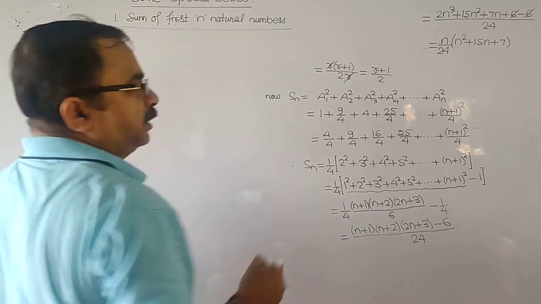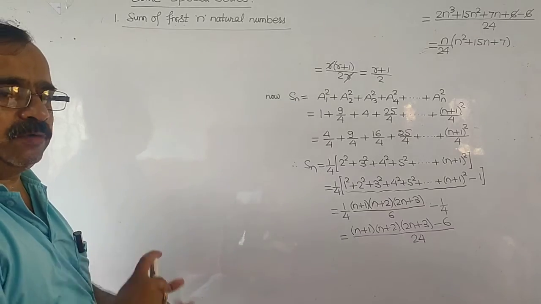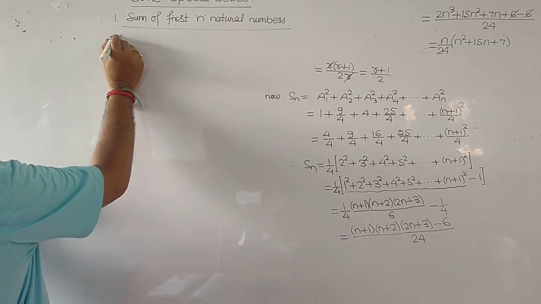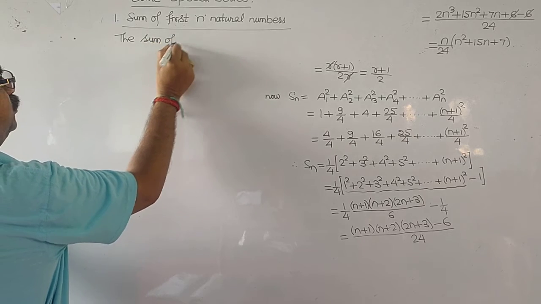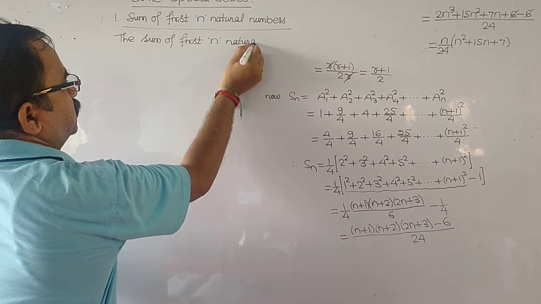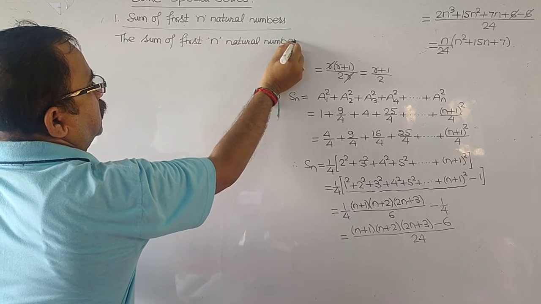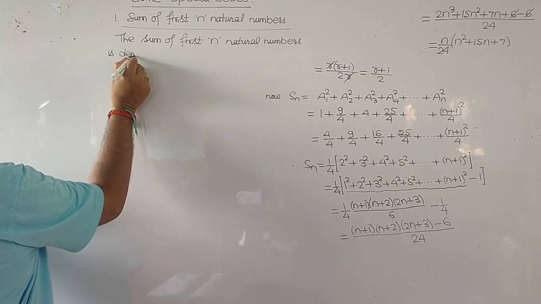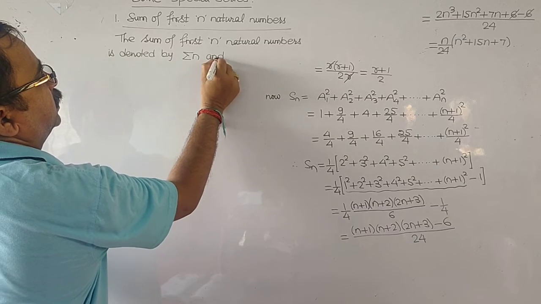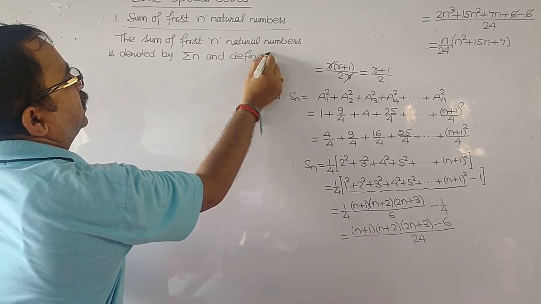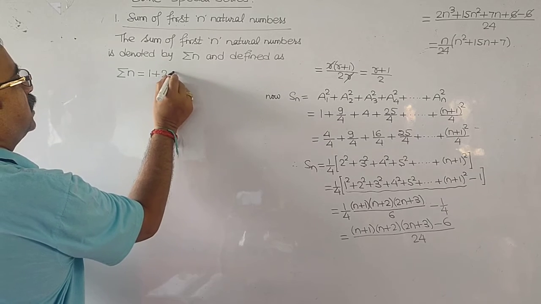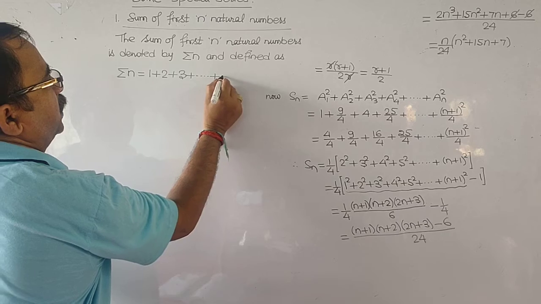The sum of first n natural numbers is denoted by summation n and defined as summation n equal 1 plus 2 plus 3 plus and so on plus n.